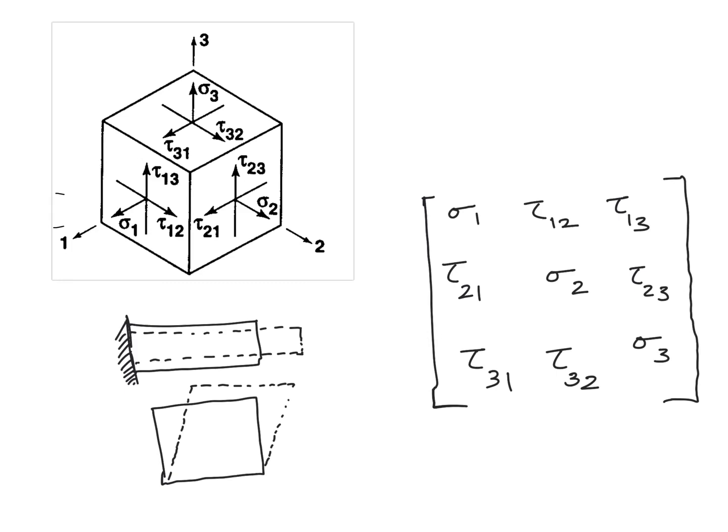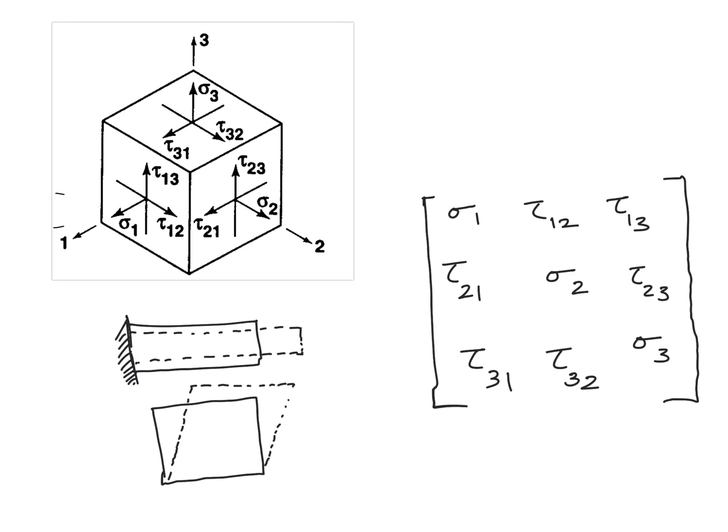In most practical applications, the stress tensor will be a second order symmetric tensor. So you need 6 quantities: sigma 1, tau 12, tau 13, sigma 2, tau 23, and sigma 3, to completely define the stress state. Because once you know this half, the other half is already known, because tau 21 is equal to tau 12, tau 31 is equal to tau 13, and tau 32 is equal to tau 23.